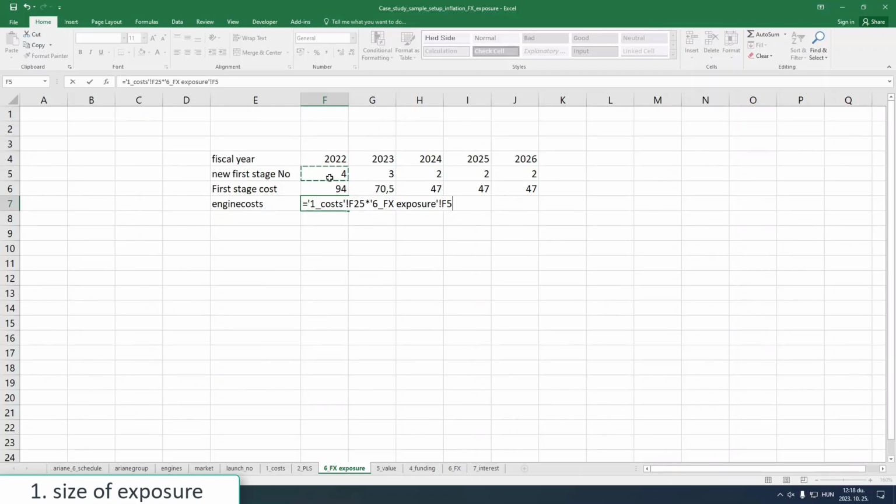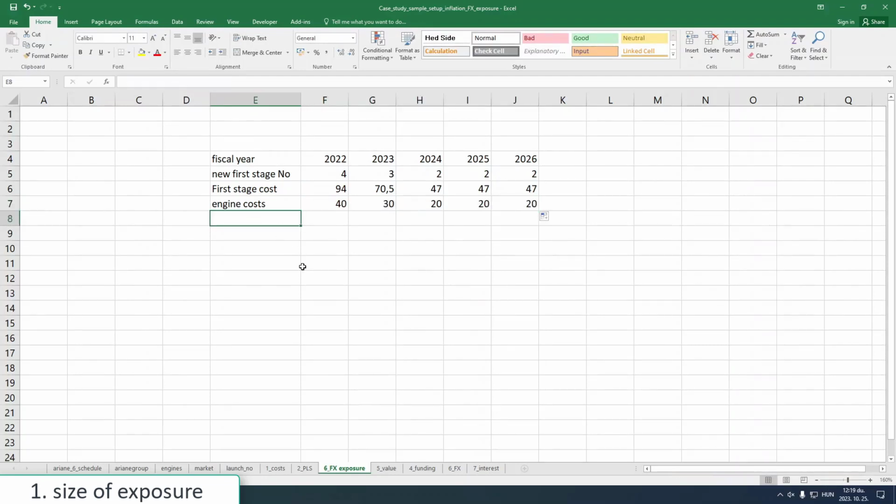So we need 4 engines in this year. So this is the price for the engine, and also we have to fix this one, otherwise we'd have 4. Now we can go sideways, and then we can see the hull cost.